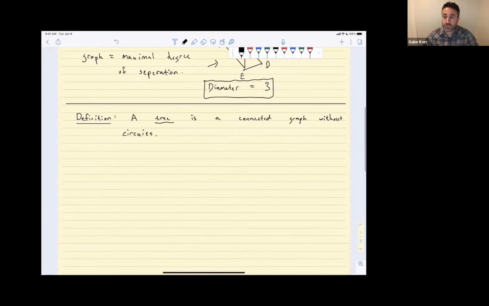Does it make sense? Everyone's nodding their head. That's good. Okay. So here's a tree. Here's a tree.